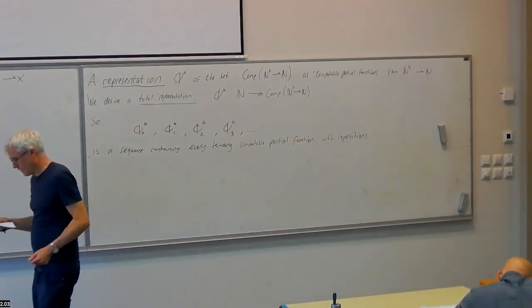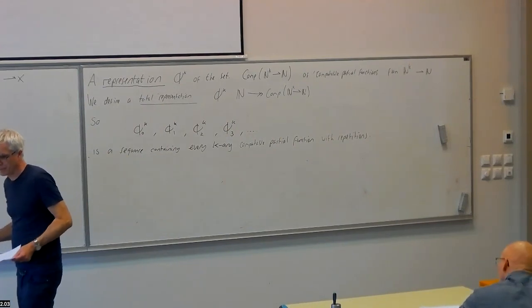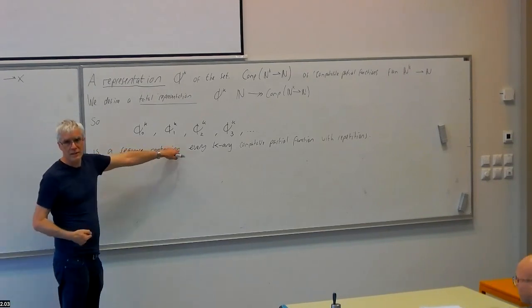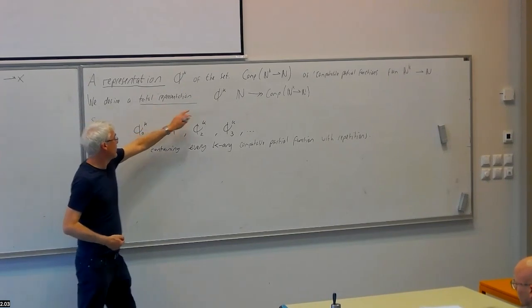So how do we define this? I'm trying to move away from the Turing machine model by considering computable partial functions on the natural numbers via their definition as the partial recursive functions as basic. And it would be possible to use that definition via the partial recursive functions as a basis for defining this representation here.